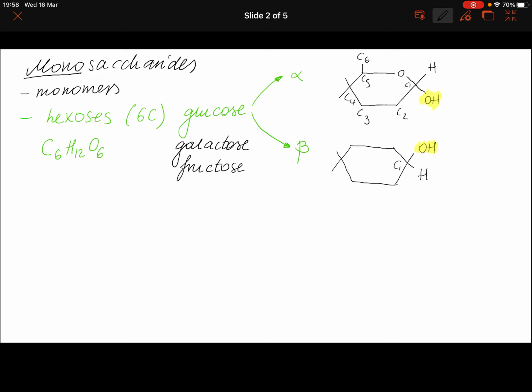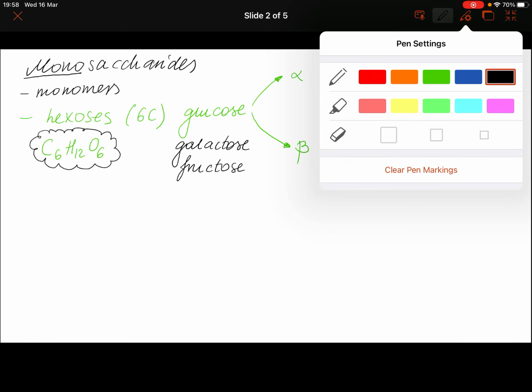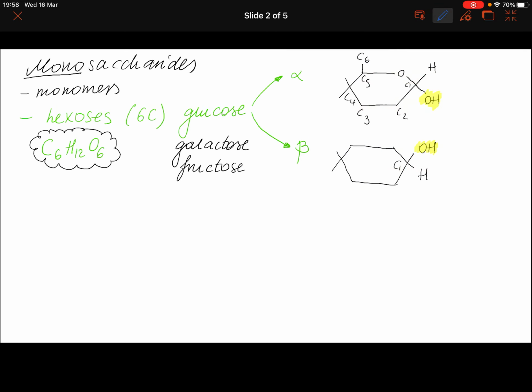All three of those are examples of hexoses, hence the formula for all three of them stands as C6H12O6.